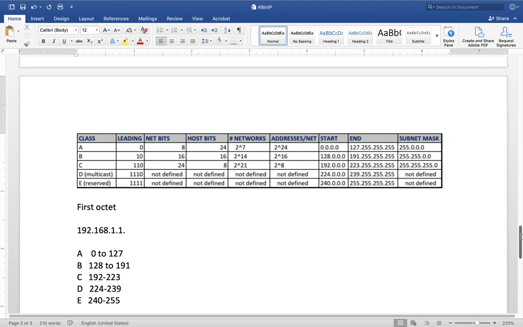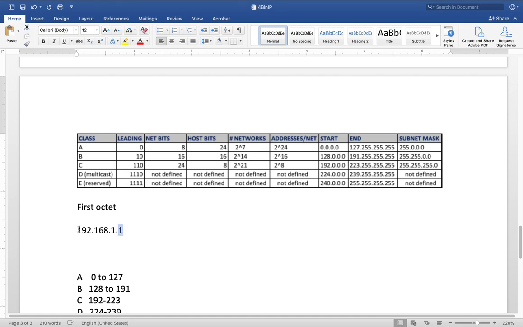Just like part of your name identifies your family, which is your last name, and part of your name identifies you, which is your first name. Similarly, an IP address has two parts. Here, 192.168.1 identifies the network, and the last octet identifies the computer.